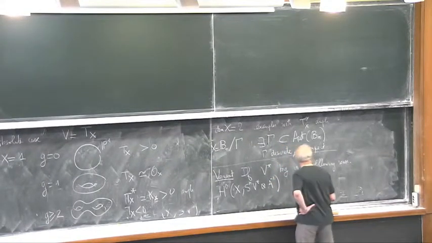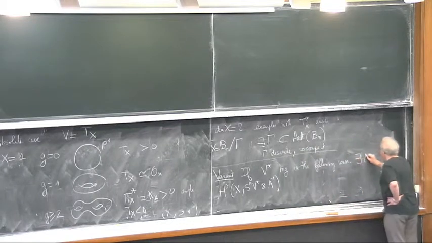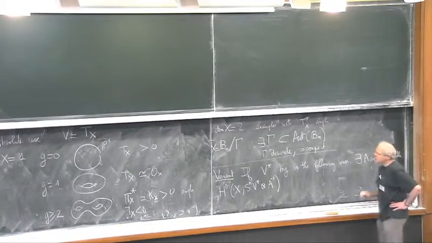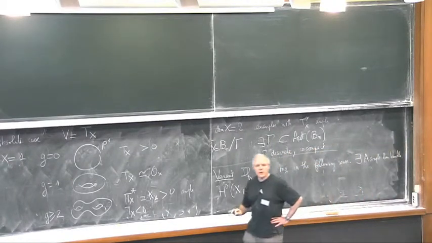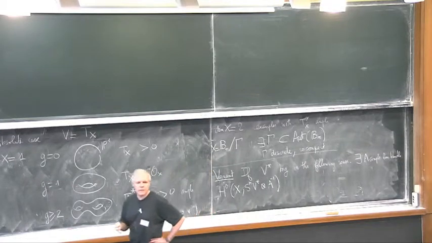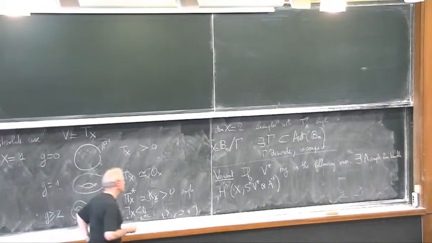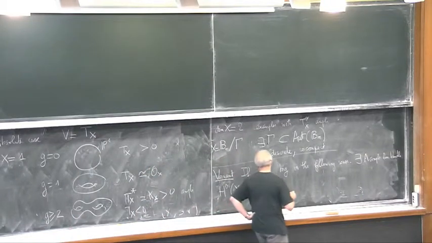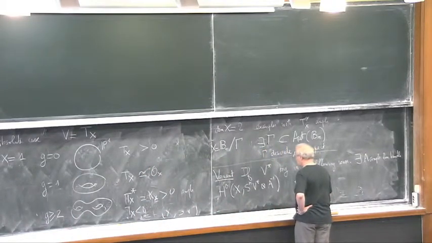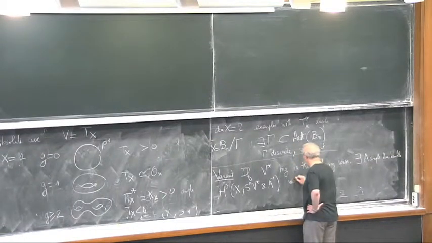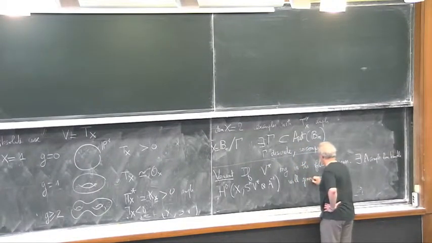So there exists an ample line bundle, so that if you look at these sections, they will generate the fibers, except maybe along a proper subvariety Y of X, for M large.